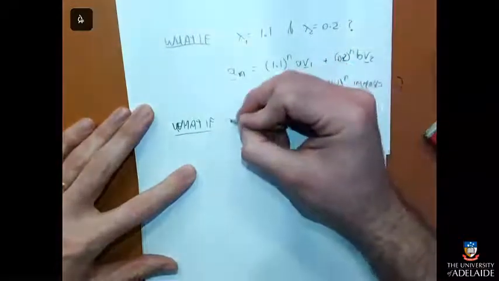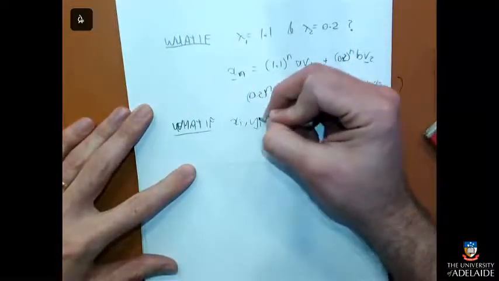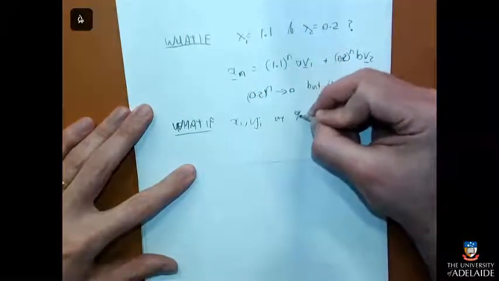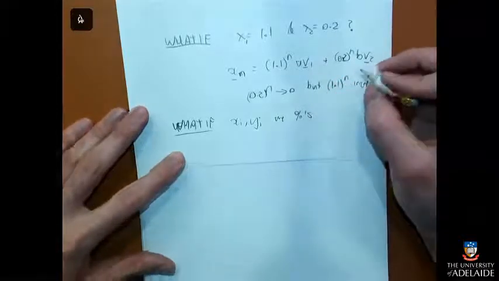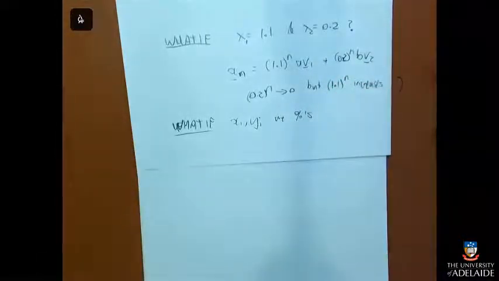So what if the xi and the yi are percentages? Well, in that case, numbers less than 1.